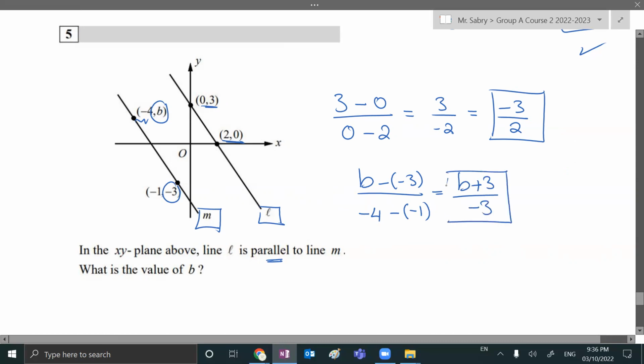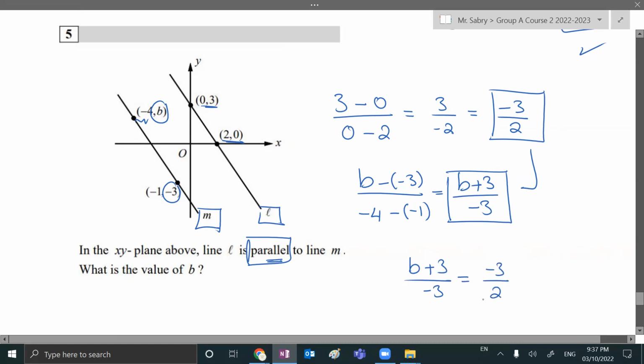So this is the slope of the other line. Now, because they said that these two are parallel, the two slopes should actually be equal to each other. So I'll solve them this way and I'll say it's an equation. b plus 3 over negative 3 is equal to negative 3 over 2.